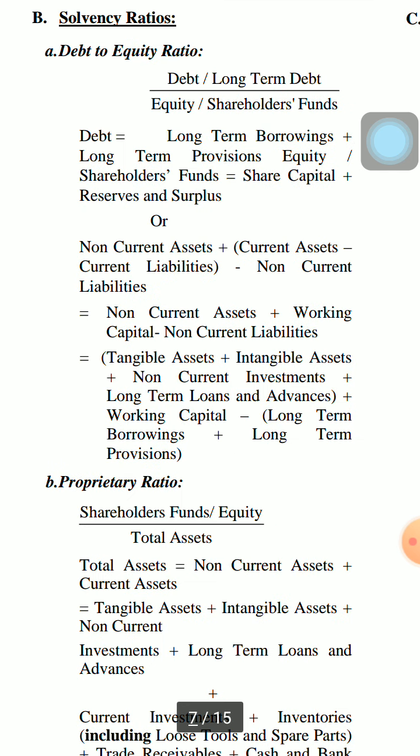Otherwise, you can use one more formula, that is non-current assets plus current assets minus current liabilities. That means working capital. So non-current assets plus working capital minus non-current liabilities.